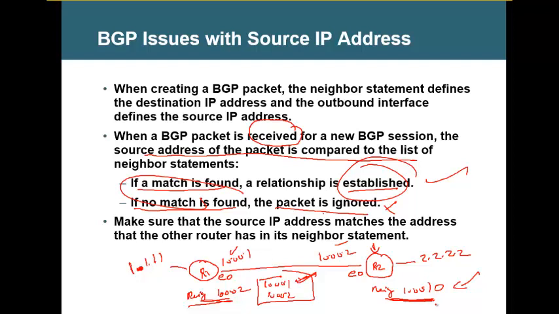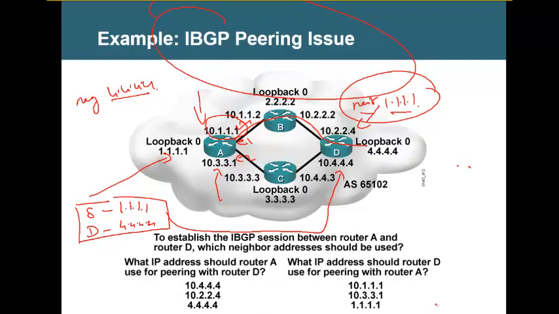At last we learned that whenever we have a redundant path, this will be seen mostly in the IBGP scenario. Whenever we have redundant paths between two BGP neighbors, it is good to use the loopback interface instead of the physical interface, because the physical interface will go down if the link fails, but the loopback interface will never go down.